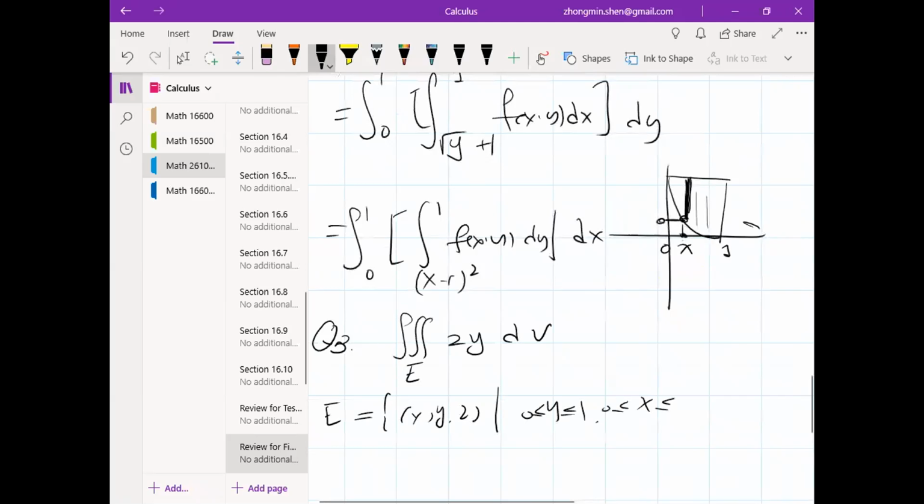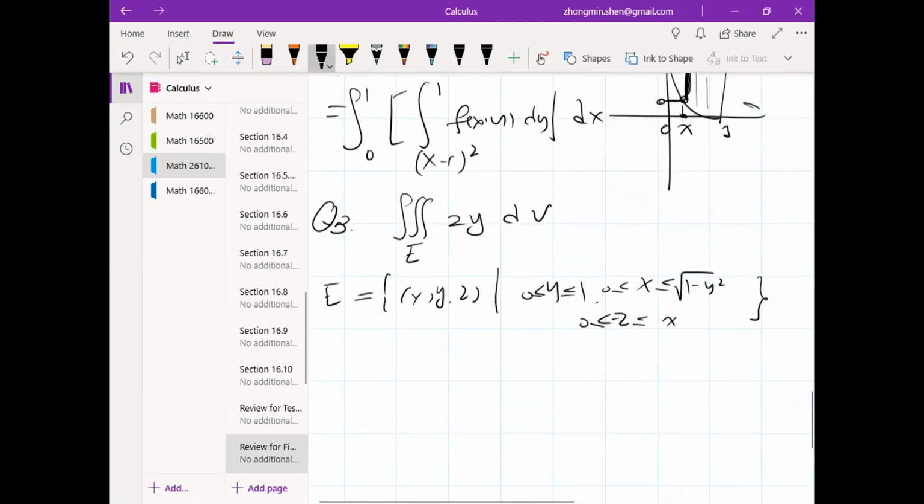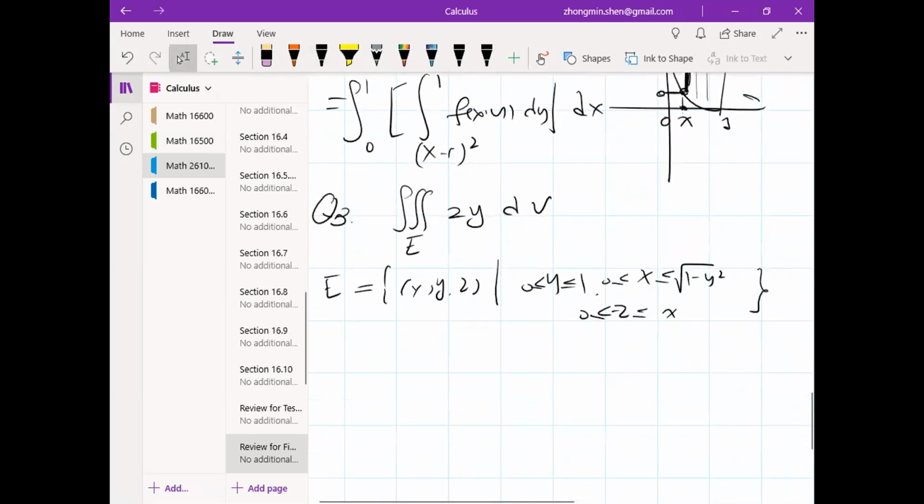X is restricted, it's between 0 and the square root of y, and z is between 0 and x. So no restriction on y, the restriction on x depends on y, and the restriction on z depends on x. So z should be the inside.